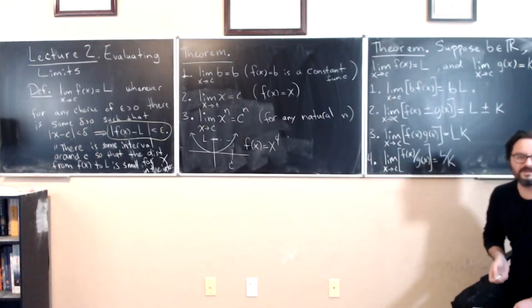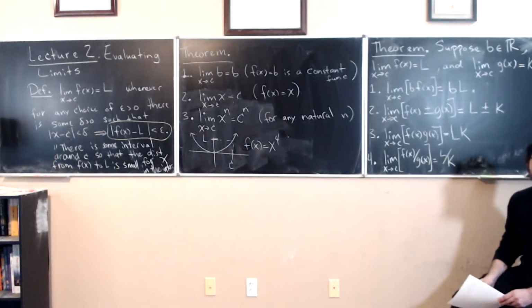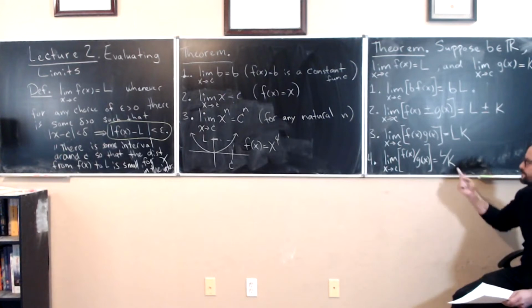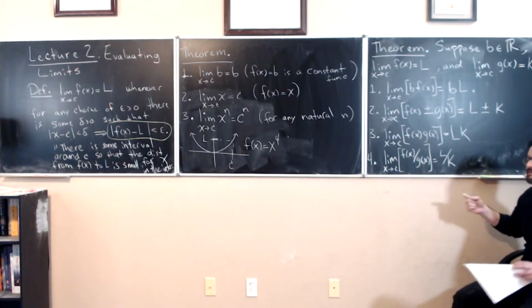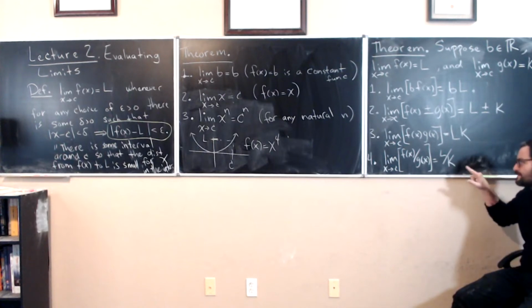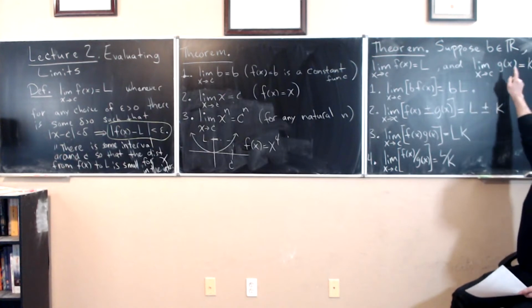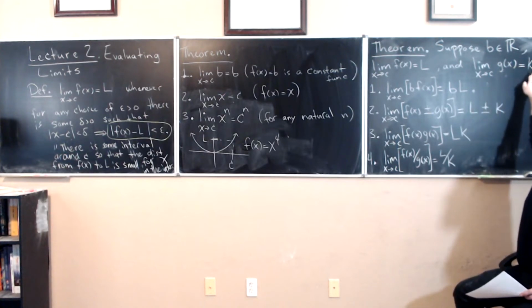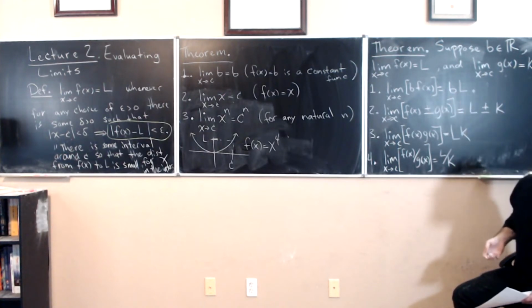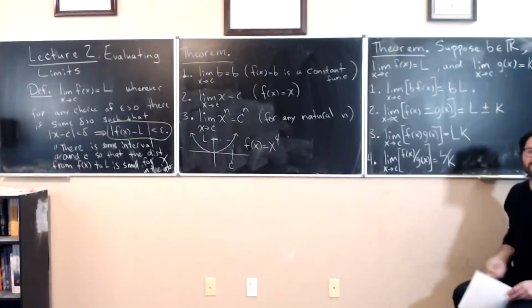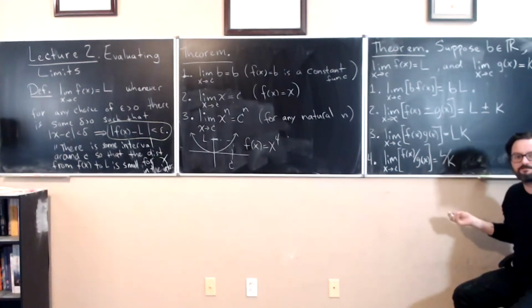Now, you have to be careful. Why do you have to be careful? We have not specified any conditions currently on k, right? So what if g converges to 0 as x approaches c? Then we have division by 0. That's not going to work out.